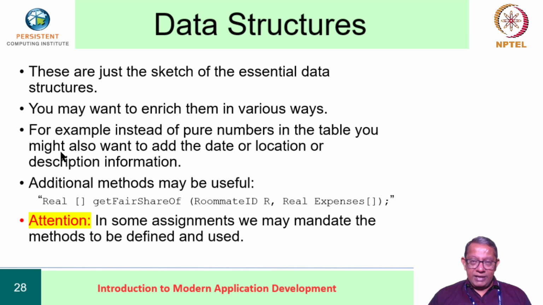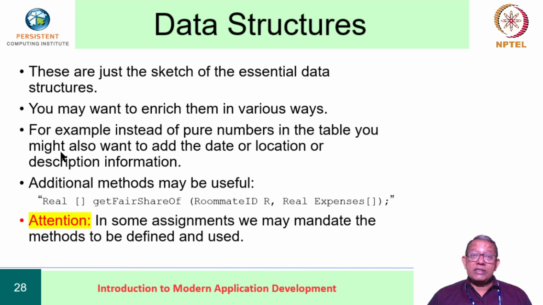These are just a bare bones sketch. For example, instead of pure numbers in the expenses table, you might also want to add date or location or description information. In our illustrations in the spreadsheet, we had shown one column, the date. That information was also captured there.